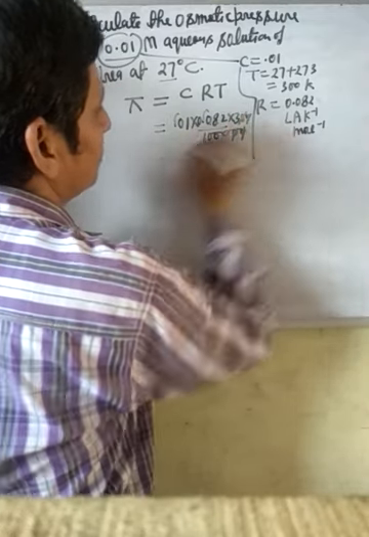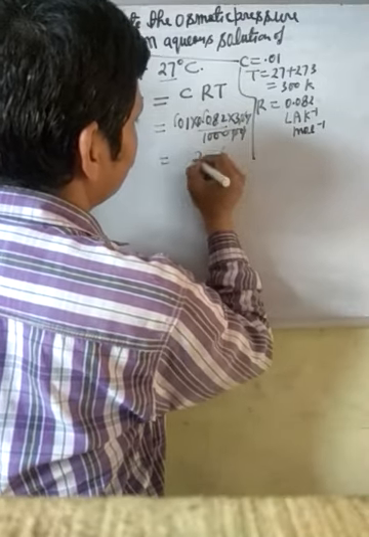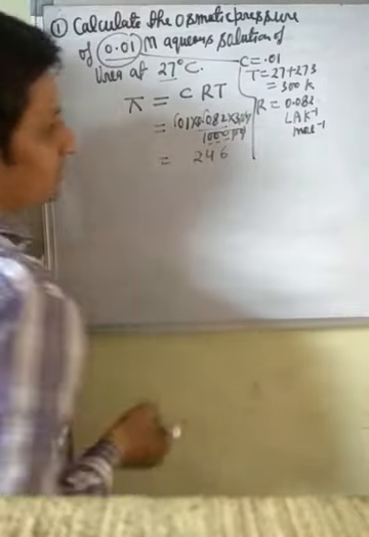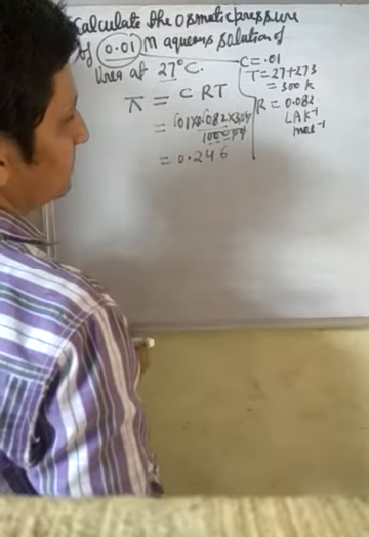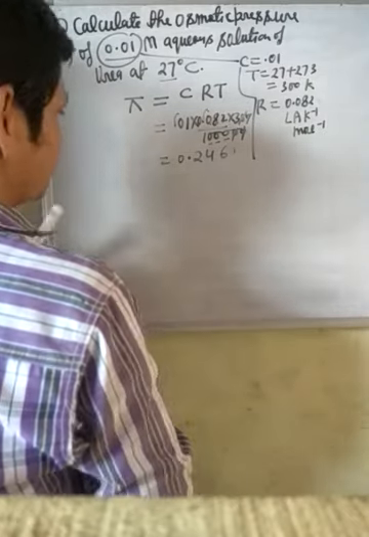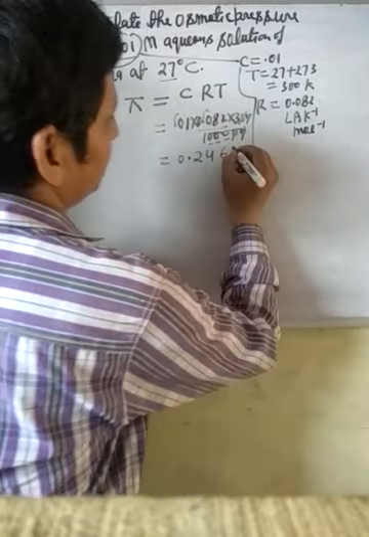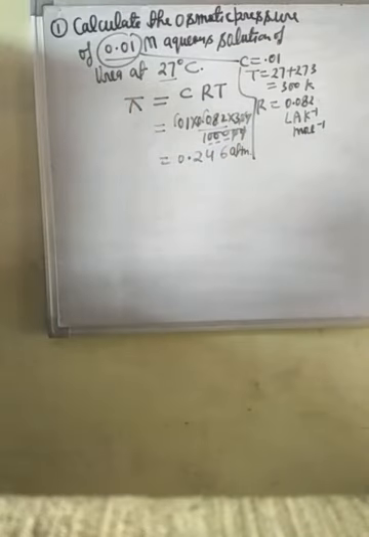When we solve it we get 0.246 atm. Unit of pressure is atm. Okay student, this is a good sum for your exam.